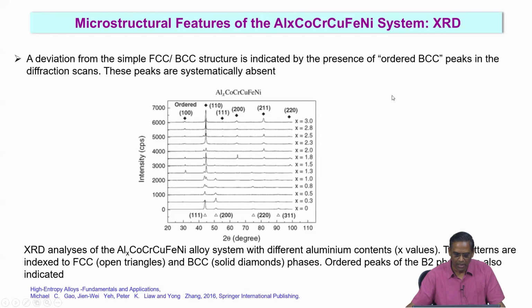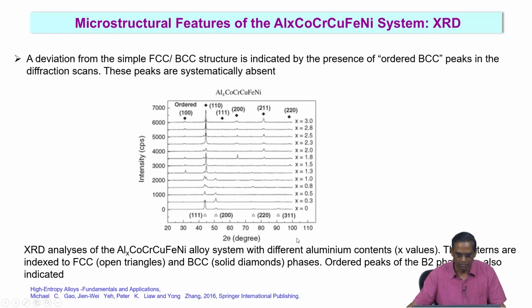All of us know that XRD is a very powerful technique in identifying the phases, especially the crystal systems. This is an XRD pattern of this particular alloy as a function of increasing aluminum content. I would like you to look at these patterns and let me know, because this is very elementary.